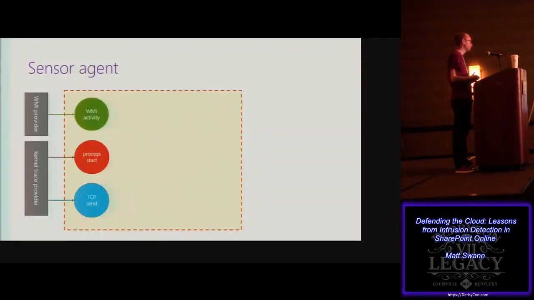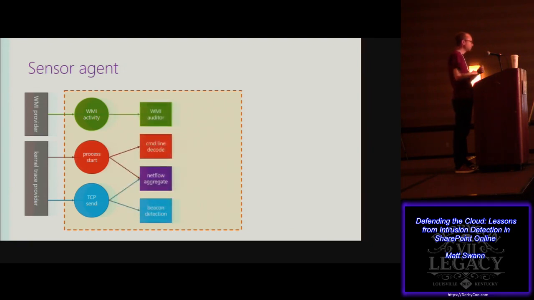So we built just that. We built a little agent that we deploy on every machine that subscribes to ETW events, has some internal snapshotting capabilities. And the way this works is it has kind of an asynchronous pipeline that accepts ETW on the left and sends it off to multiple things to either aggregate or decode or store or correlate, or sometimes, like with WMI, just write it out to the security event log.